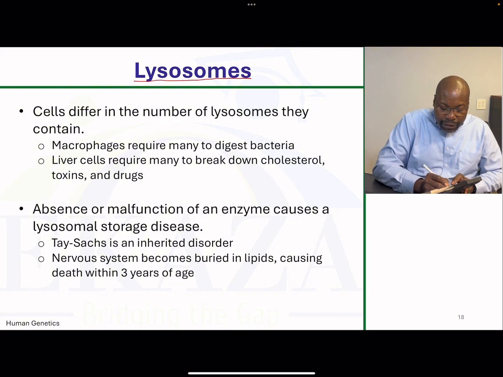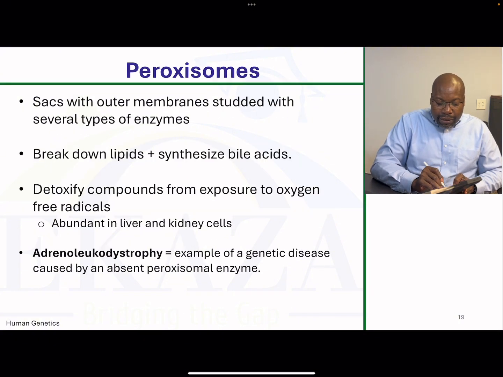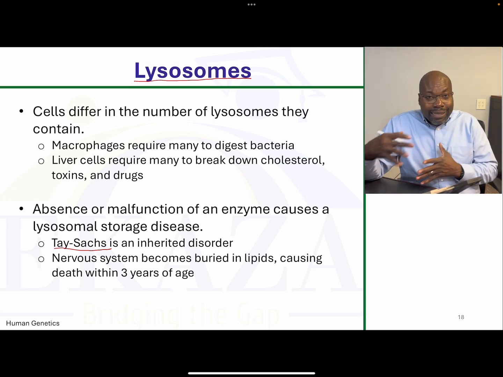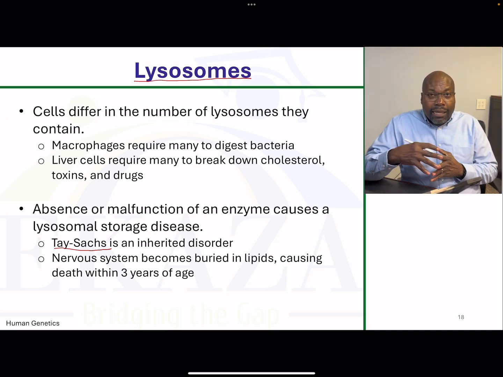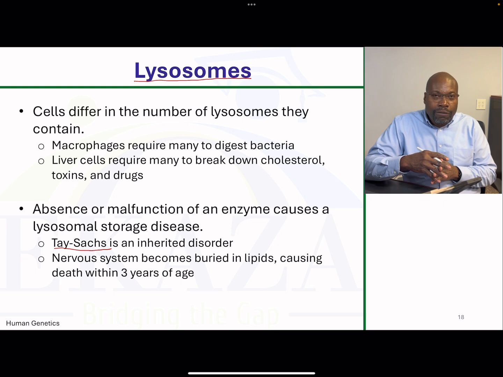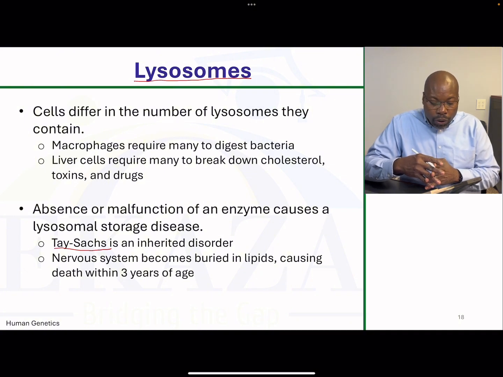Such a disease is, for instance, Tay-Sachs disease. Tay-Sachs disease is a genetic disease that can be passed down to offspring, and that causes an accumulation of lipids in nerve cells, specifically the nerve cells found in the brain and those found in the spinal cord.